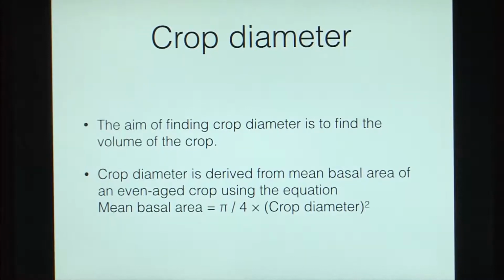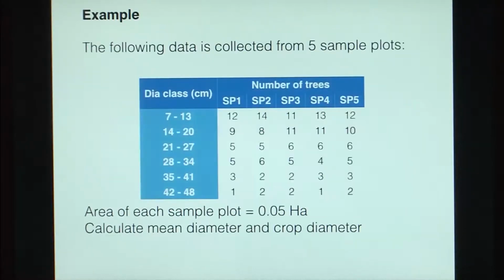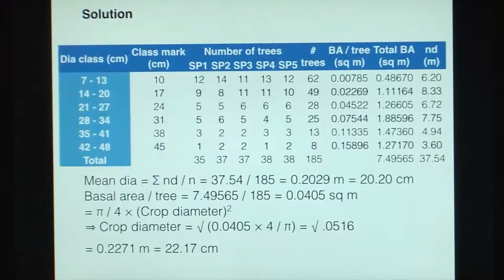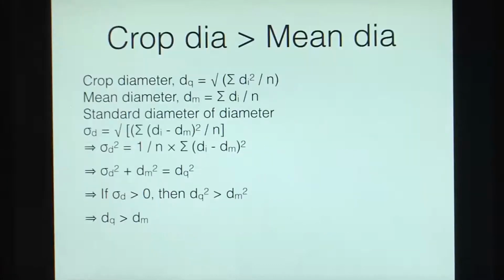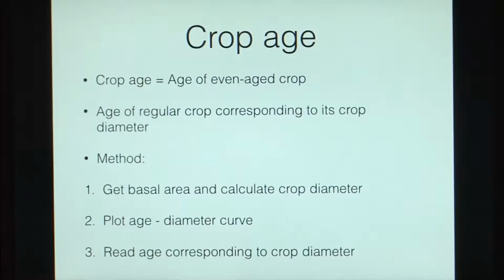It is equal to pi by 4 into crop diameter square. So, next we saw this example of how to calculate the mean diameter and the crop diameter, and we saw that crop diameter is always greater than mean diameter. So, we also computed how we can prove this. Next we looked at crop age, which is the age of an even aged crop.